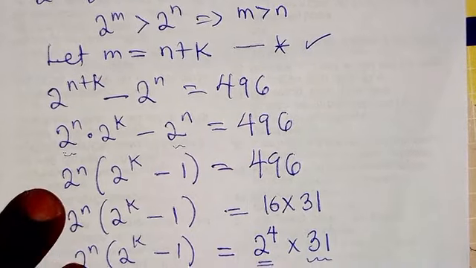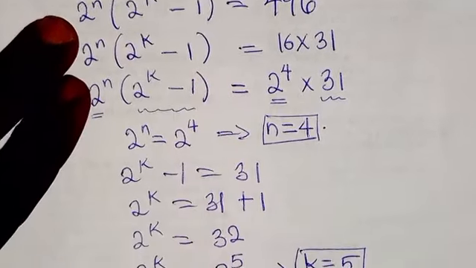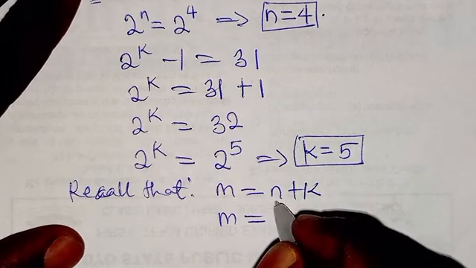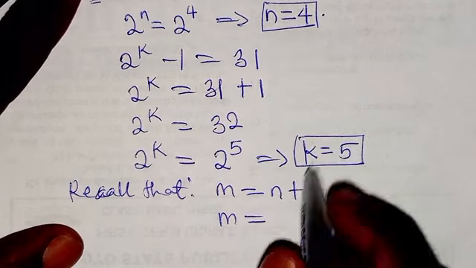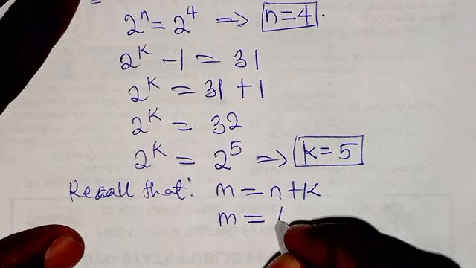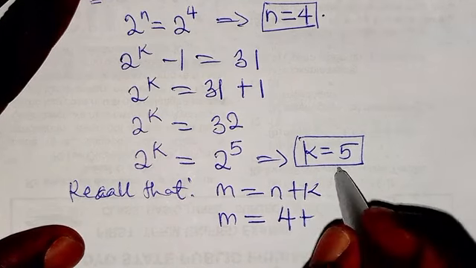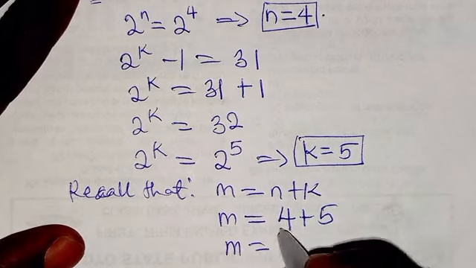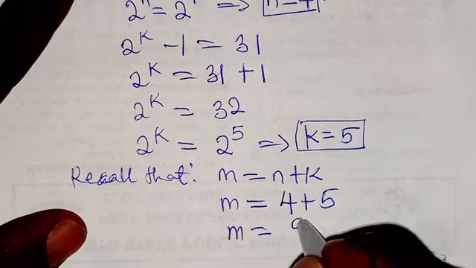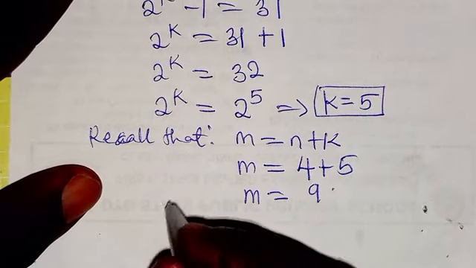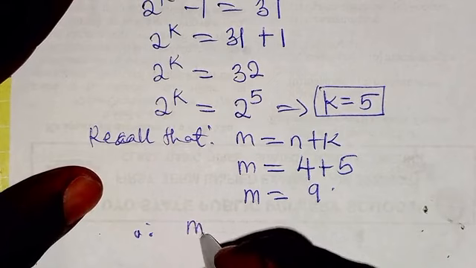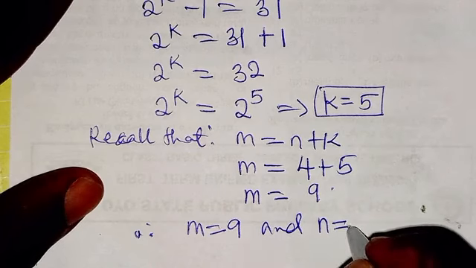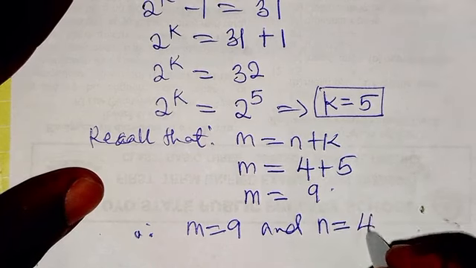So m equals n plus k. So therefore m is now going to be, what is the n we got here? n is 4 and k is 5. So we are going to have m equals 4 plus 5, we have 9. So now finally we have m to be 9 and n to be 4.